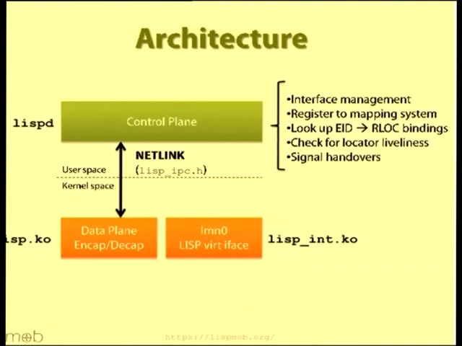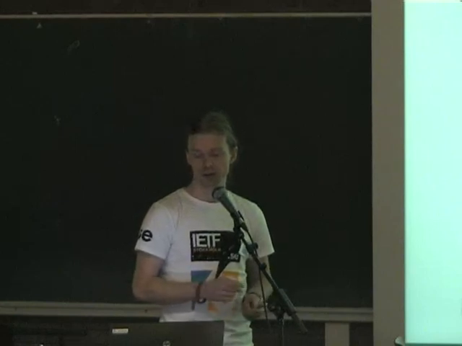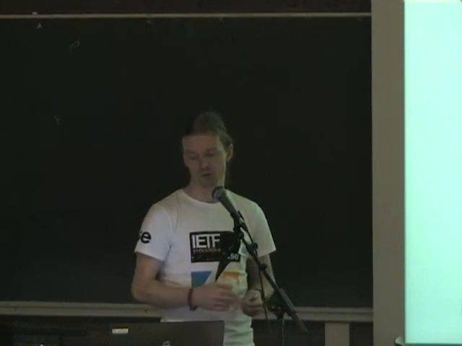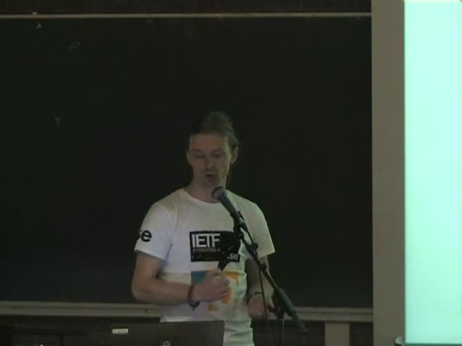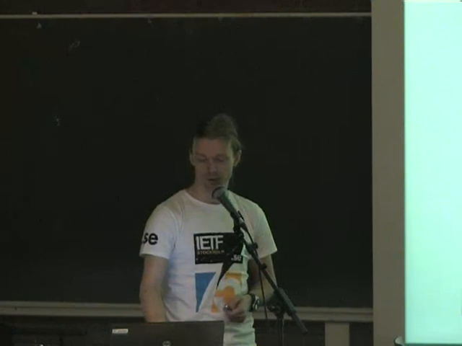And the user space daemon called LISPD, which implements control plane functions, interface management, registering the EID to locator mappings to the mapping system, doing the lookups, and signaling handovers, and so on. And the communication between the components is over netlink sockets.